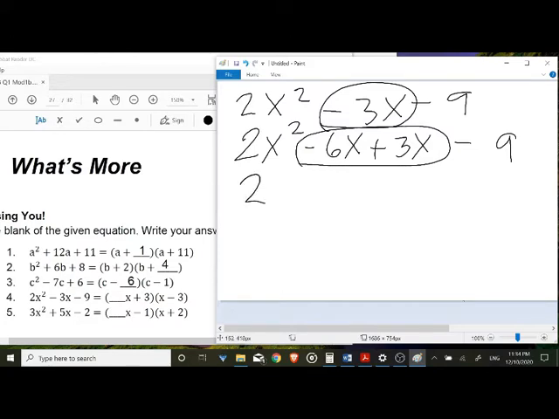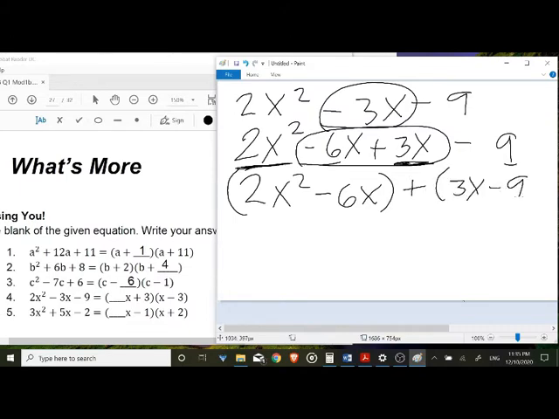Then, i-group po natin sila: 2x squared at saka si negative 6x ang i-group natin, tapos plus 3x minus 9. Kukuha po tayo ng common factor sa nakagroup natin ng mga binomial.